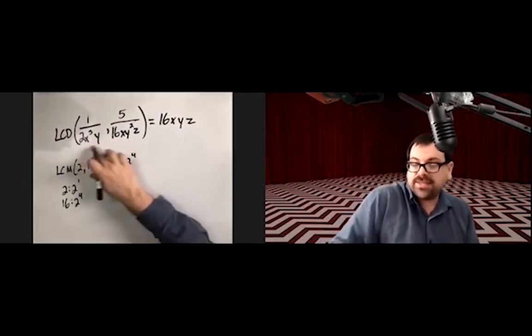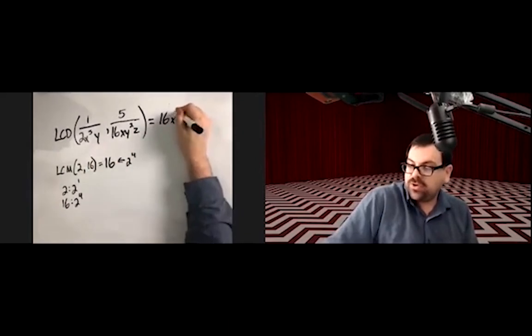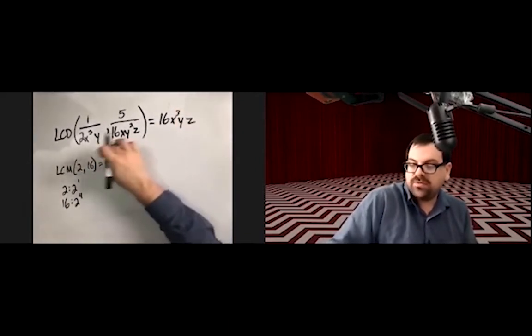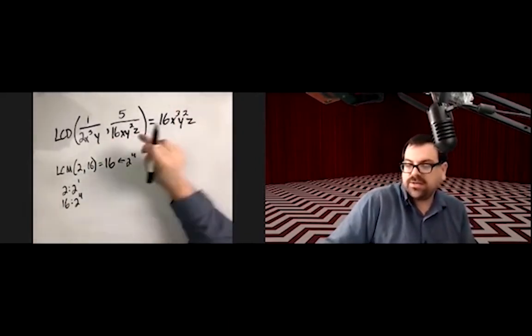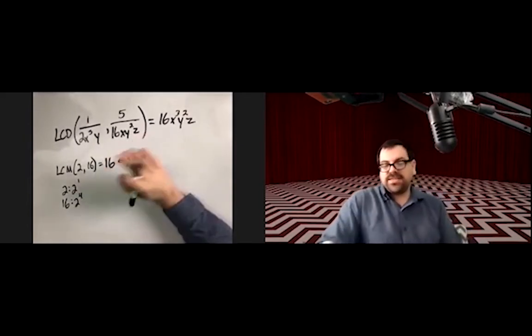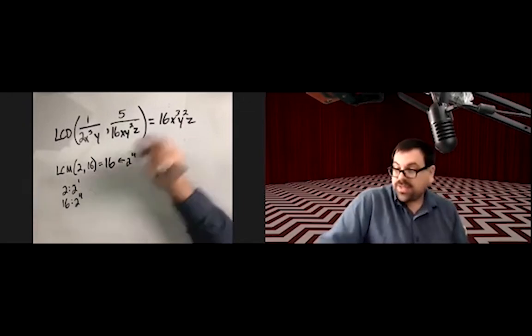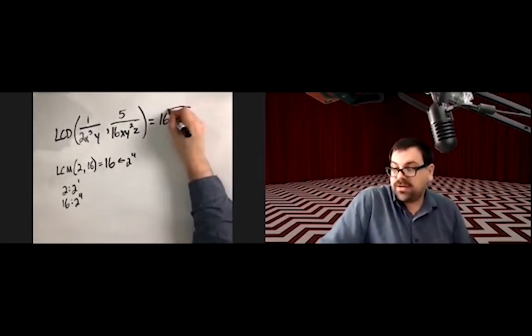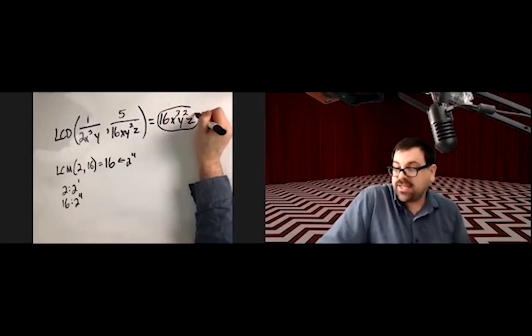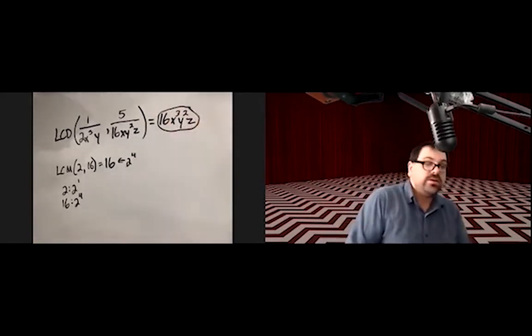Highest power of x is x cubed. Highest power of y is y squared. And the highest power of z is just z to the first. So that's our least common denominator, 16x cubed y squared z.